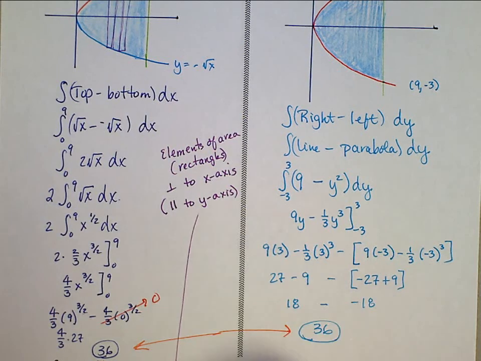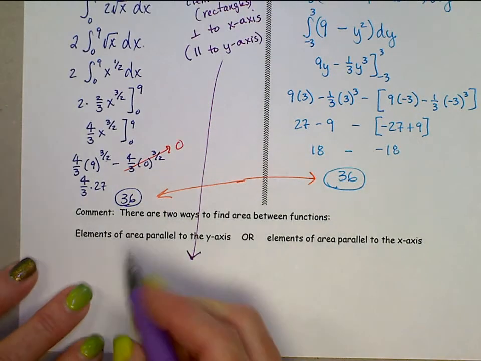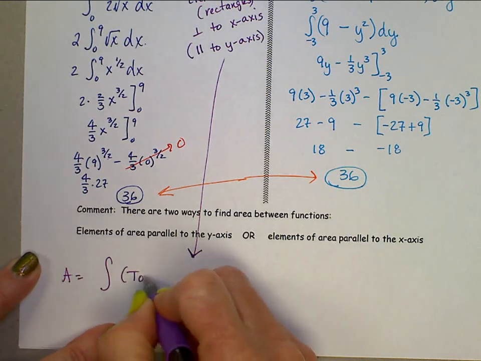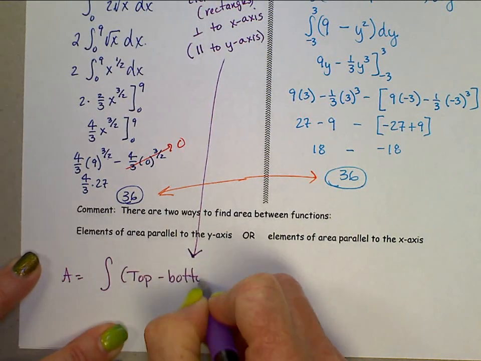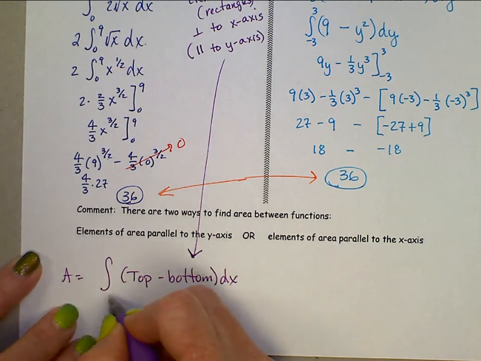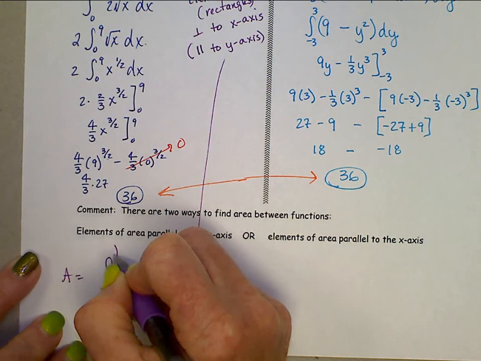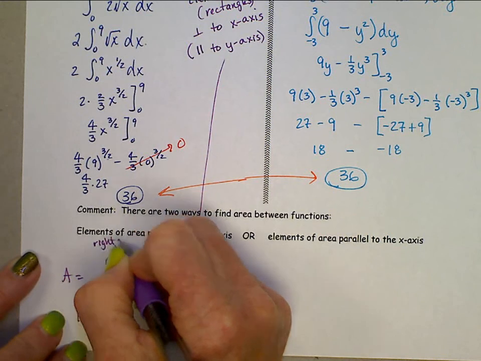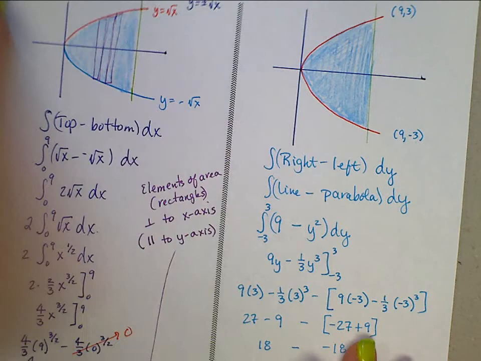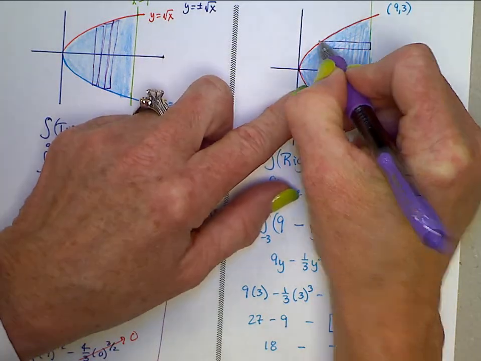That's this situation. Parallel to the y-axis is when you're finding area, we will do top function minus bottom function, dx, and your bounds are the left x to the right side x. These guys are rectangles stacked this way.